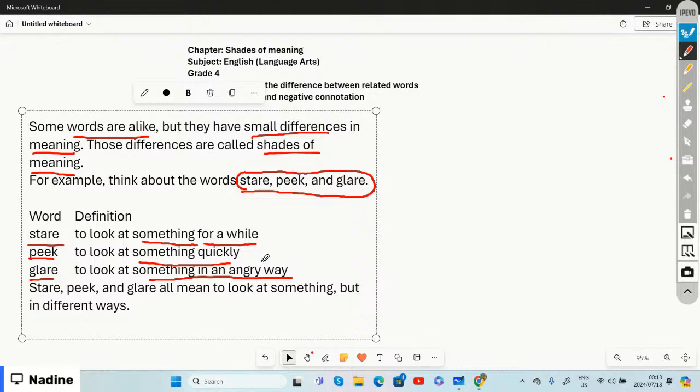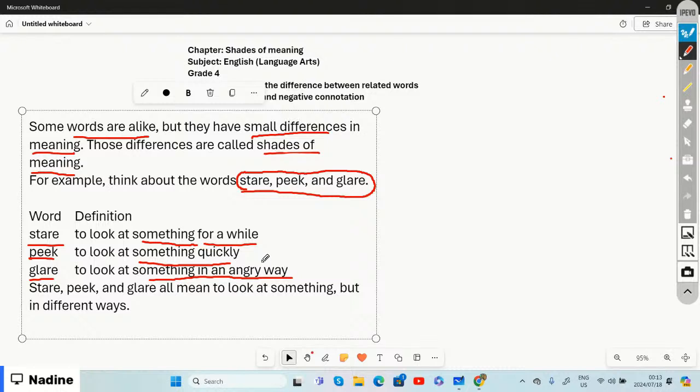All right. So if you look specifically at these words, stare, peek, and glare, we see that some of our words are alike, but they have small differences in the meaning, or we can say there are small similarities. But the differences within these words, they call those differences shades of meaning.